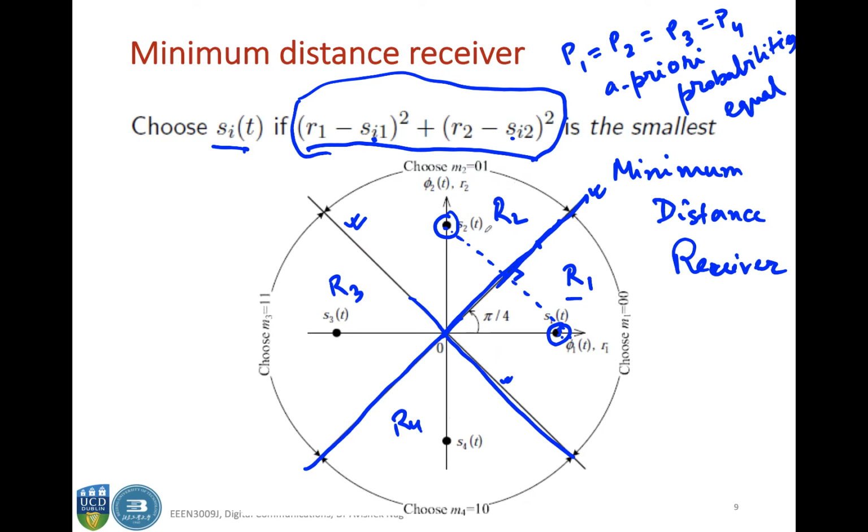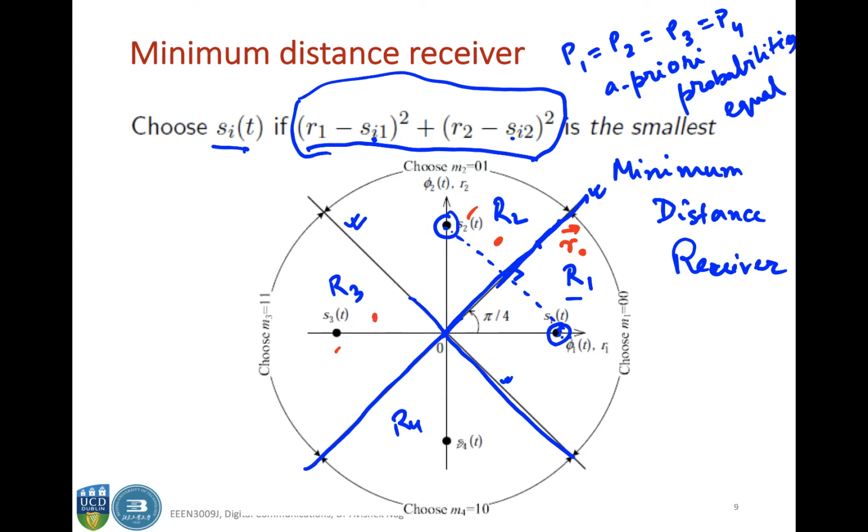And if your received signal falls, let's say, in R1, so if your received signal R falls here, then you choose S1. If your received signal falls here, then you choose S2. If it falls here, then you choose S3.